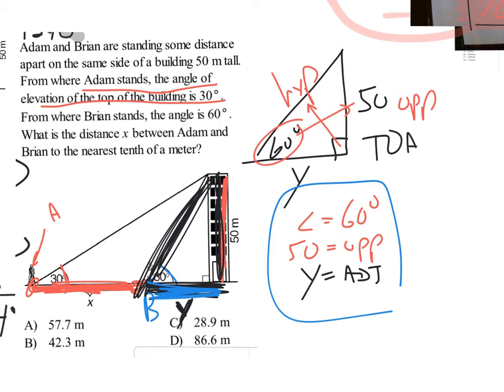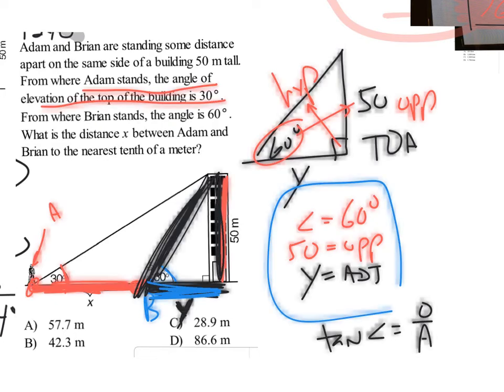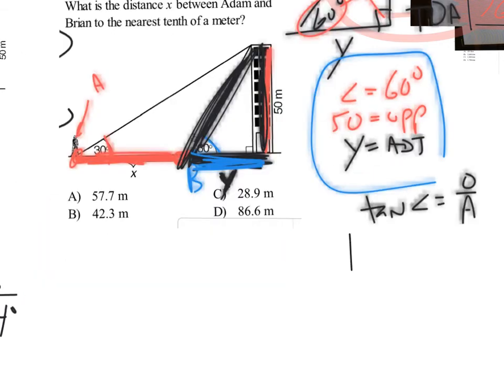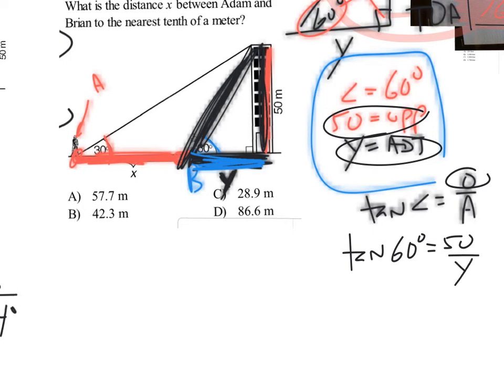So I have the tangent, TOA, of the angle equals opposite over adjacent. So here I'm going to have the tangent of 60 equals the opposite, which is 50, over the adjacent, which is y. Here I'm going to use that switcheroo rule because the y is in the denominator.